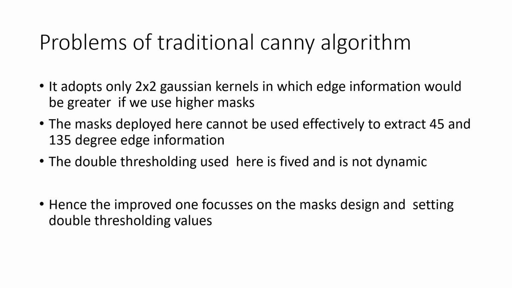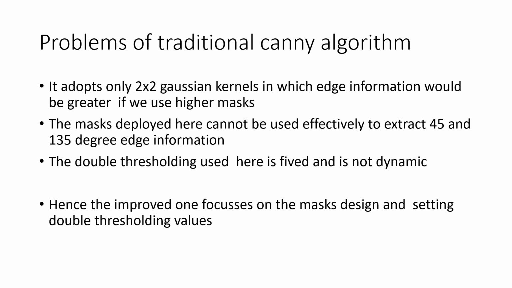These Gaussian kernels are simple for calculation, but more sensitive to noise because they will not detect the 45 degrees and 135 degrees angle edge information. Moreover, the second issue is the double thresholding of the traditional Canny algorithm.